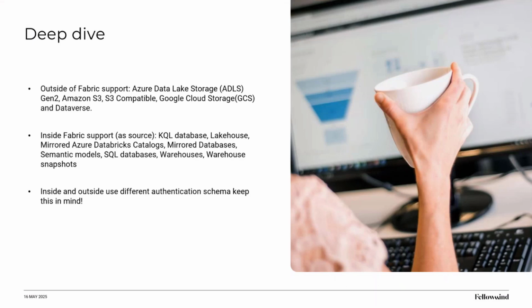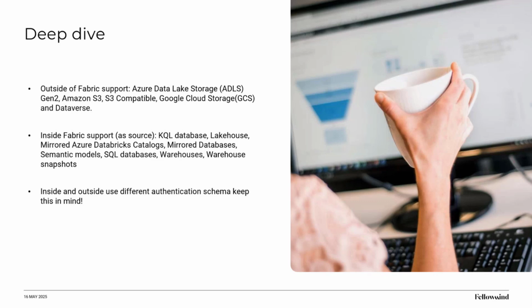Let's take a little bit of a deeper dive into the technical aspects of how they function. First of all, the outside of Fabric shortcut support is now for ADLS Gen 2. So normal blob storage doesn't cut it, you need to have the hierarchical namespace enabled.